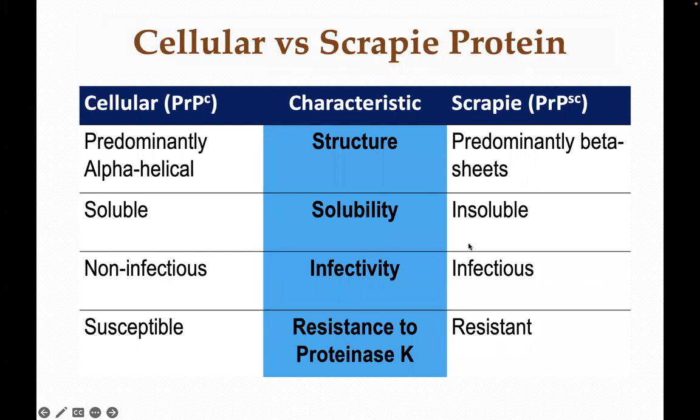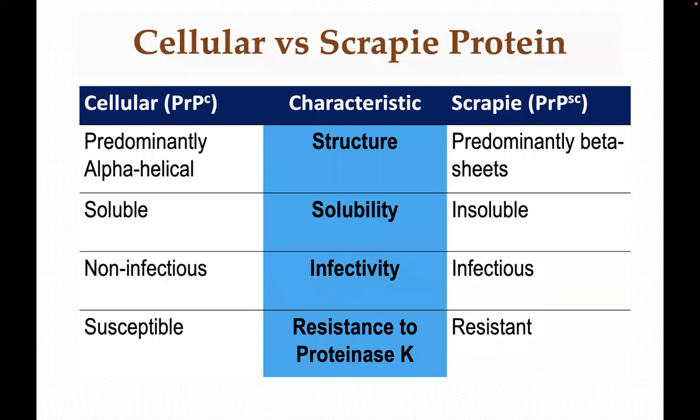In terms of solubility, the PrPC is soluble, while the PrPSc is insoluble. And in terms of infectivity, the normal prion protein is non-infectious. It cannot infect other prion proteins in the cell, while the scrapie is infectious, it's able to make other prion proteins change their conformation or misfold like it.